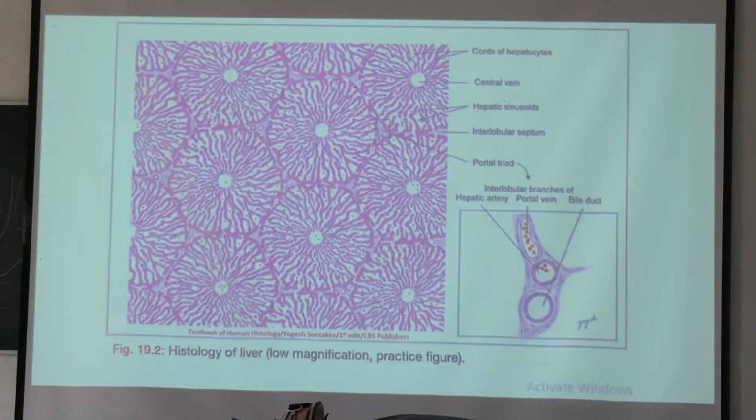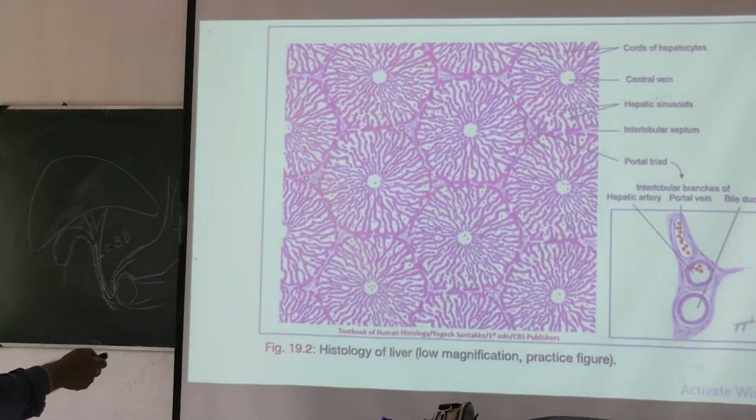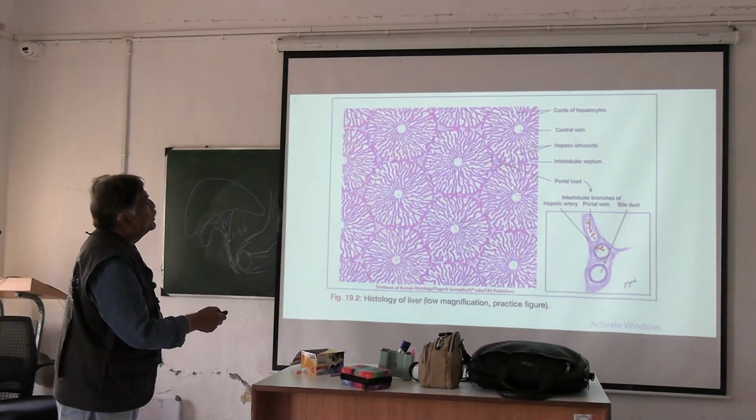When you go to the lab, draw a rough sketch. Draw the hexagons and make lines like this. Now what will you say: central cords of hepatocytes. The central vein is there. Now these are red blood corpuscles.